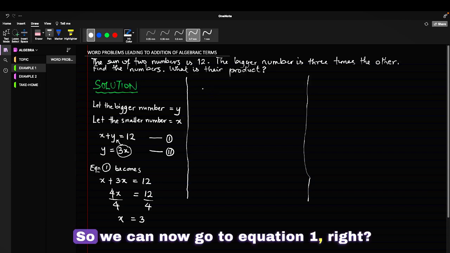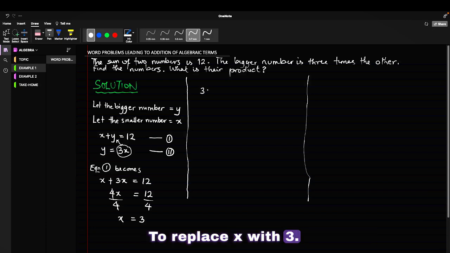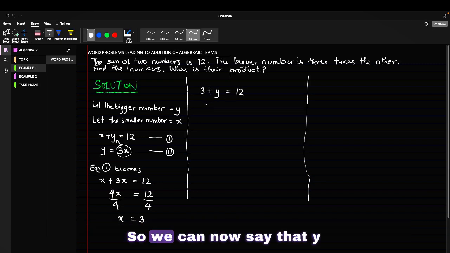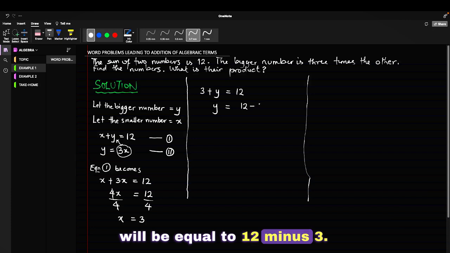So we can now go to equation 1 to replace x with 3. So that would be 3 plus y is equal to 12. So we can now say that y will be equal to 12 minus 3.